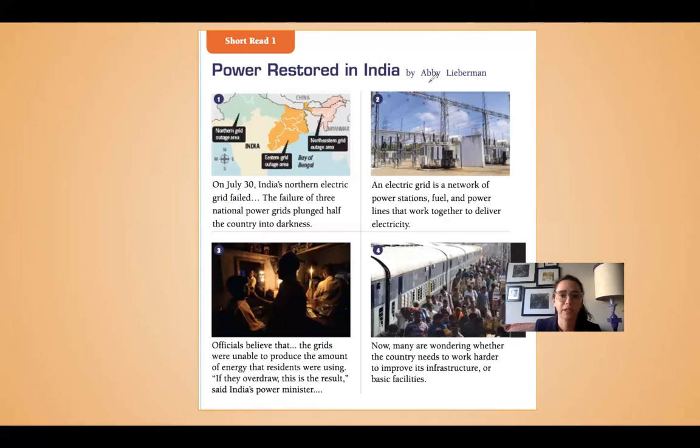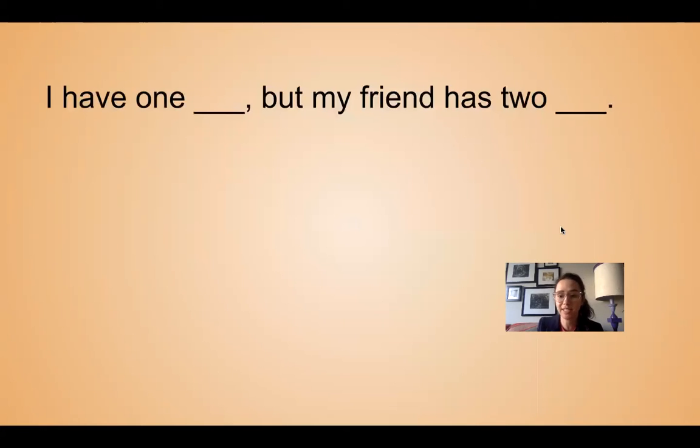Okay, everyone. Now I'm going to give you some time to write some sentences using this sentence frame. I want you to send me some of these sentence frames, and you could use whatever nouns you would like.